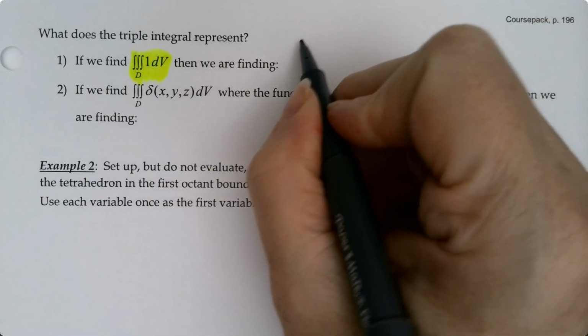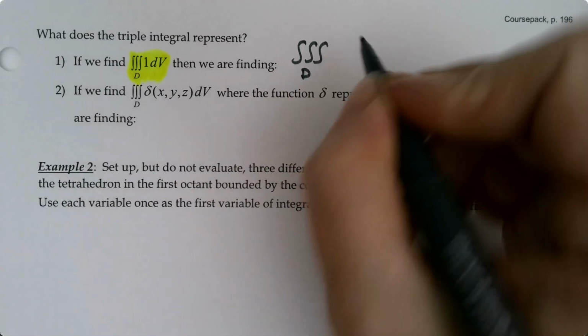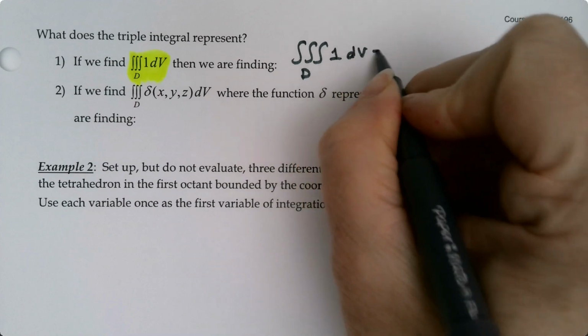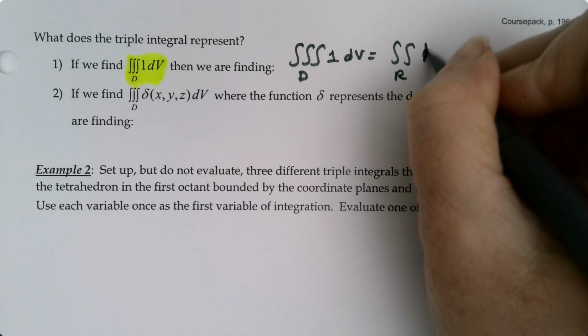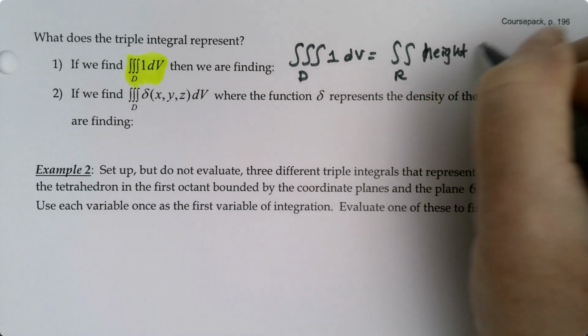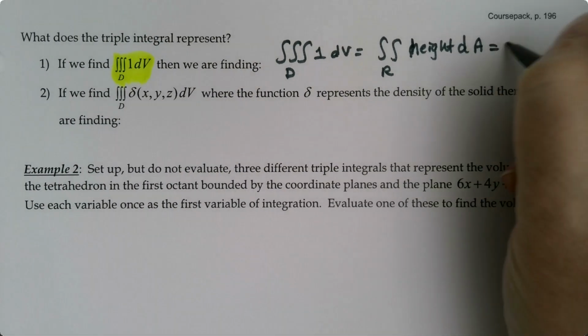So let's just make this note. The triple integral over a solid, D is the solid, of 1 dV is the same as the double integral over the region of the height function, dA, which is volume.